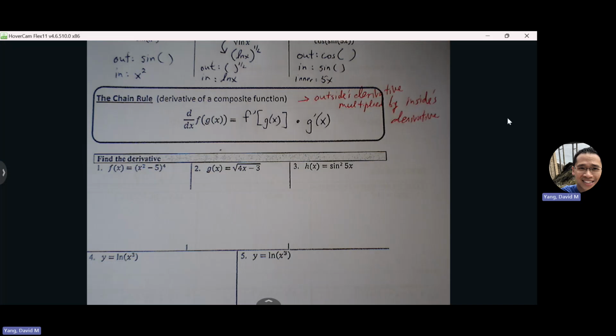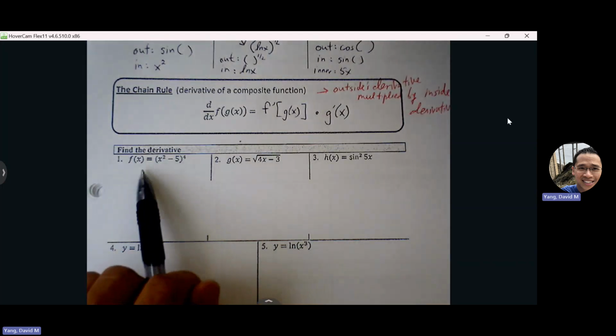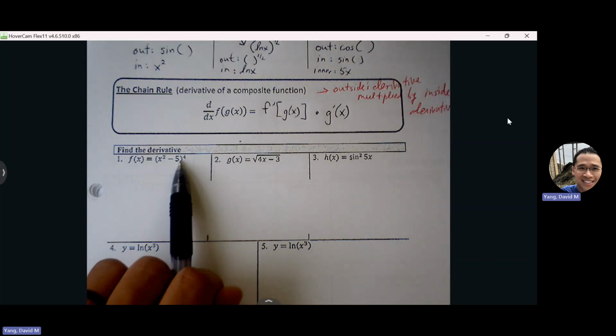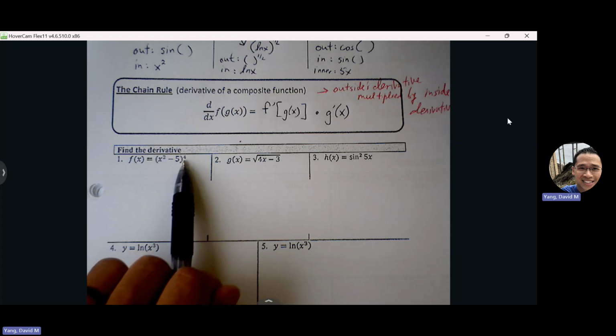So the nice thing about chain rule is that now we don't have to expand everything out and rely on just power rule alone. We have more flexibility for more complicated problems. So example one: f of x equals x squared minus 5 to the fourth. This would be a longer process, having to FOIL all this out, right?